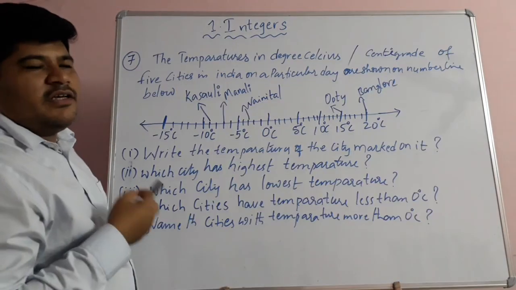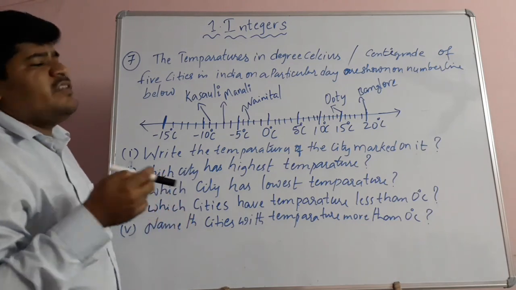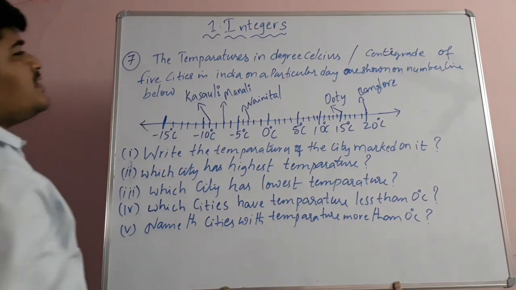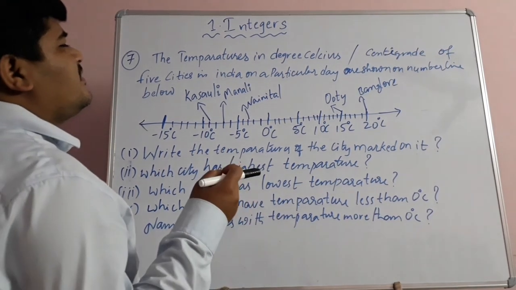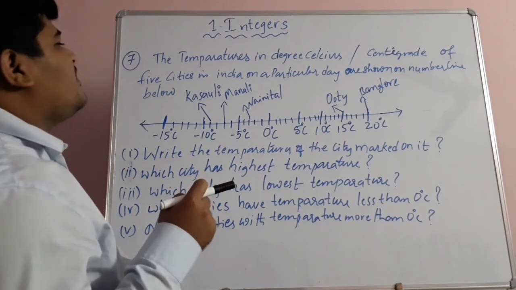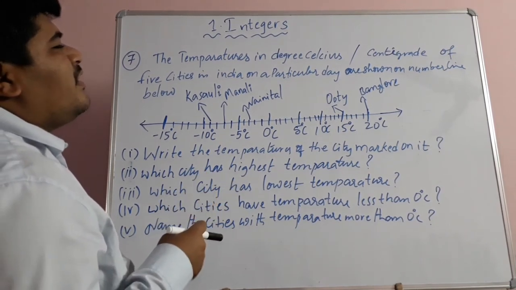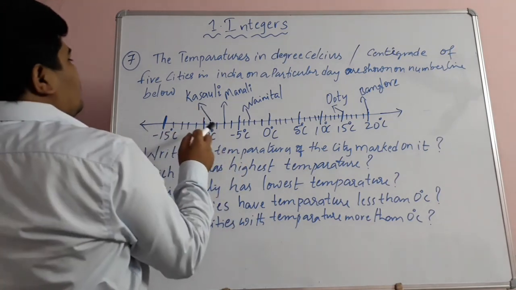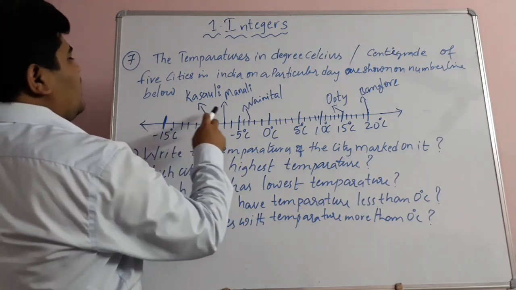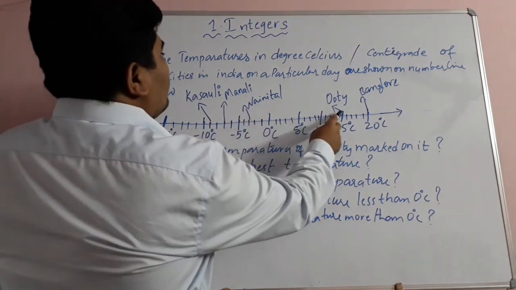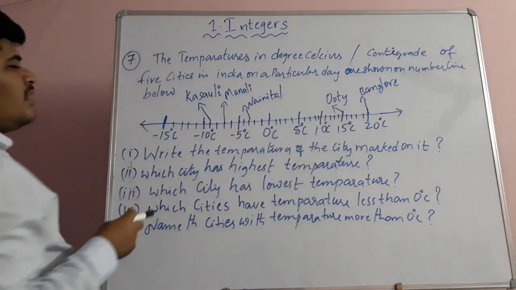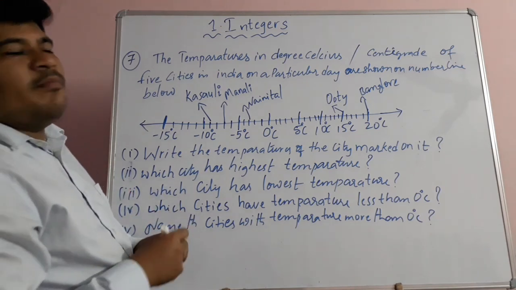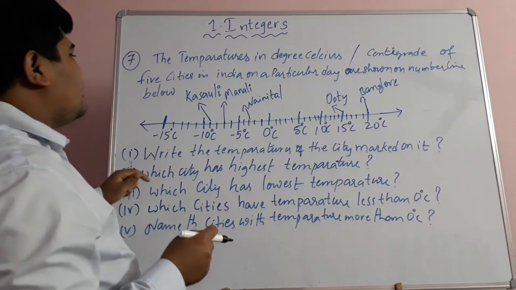Okay, let's see the 7th problem. This is the last problem of exercise 1.1, children. See, the temperatures in degrees Celsius of 5 cities in India on a particular day are shown on a number line. This is the number line, children. So which cities are there? Kasauli, Manali, Nainital, Ooty and Bangalore. Write the temperatures of the cities marked on it. So what is the temperature at Kasauli, children?